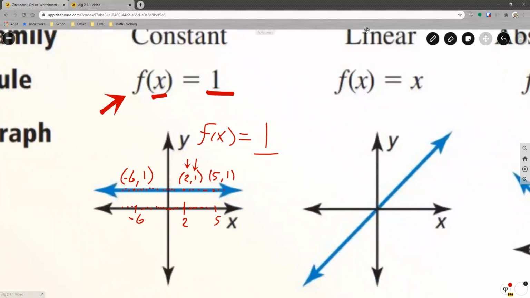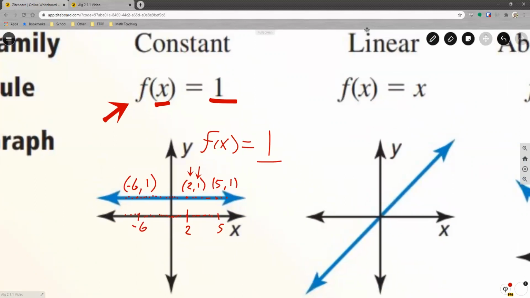If my constant instead of 1 was, I don't know, 23, it would work the same exact way. It'd just be another line that is higher up vertically. Can I add arrows to that?